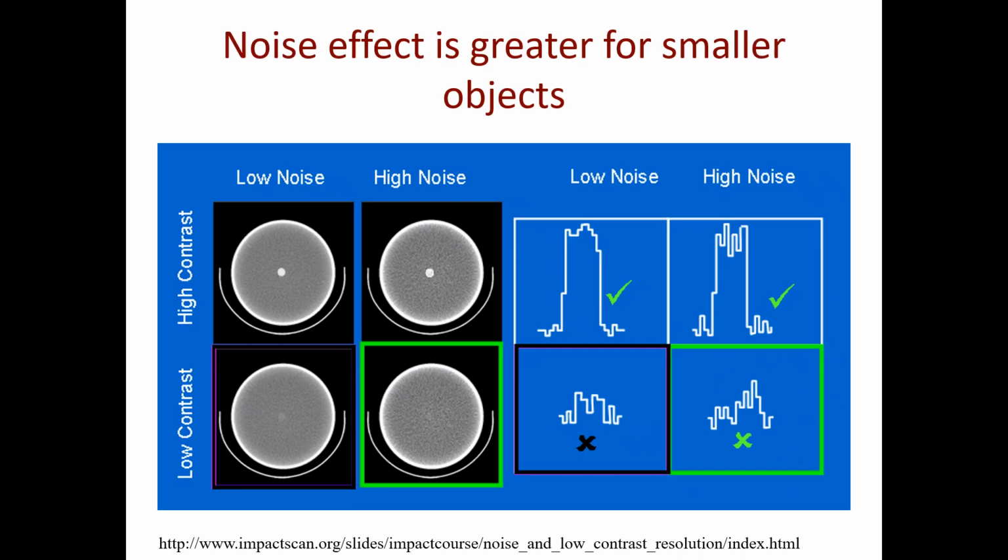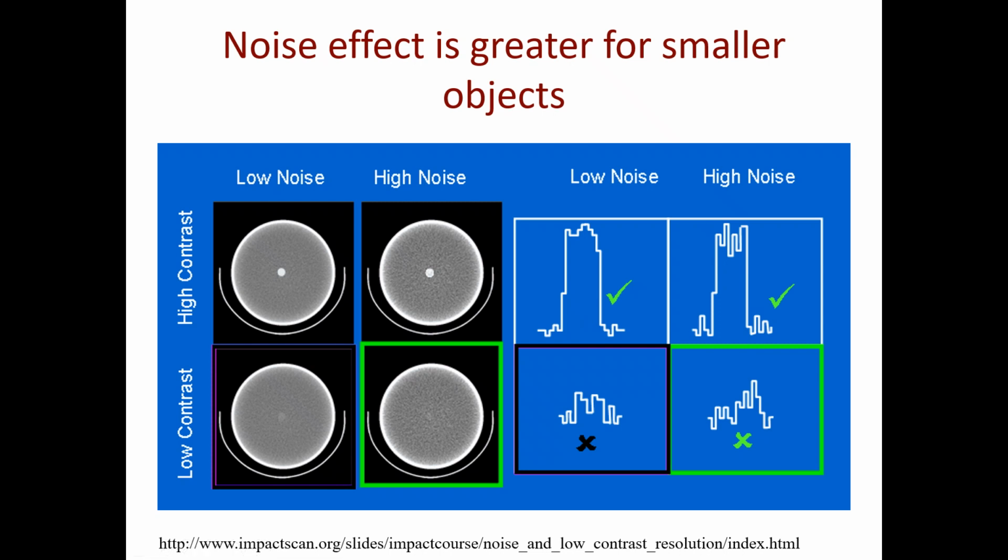Now, the smaller the object, unfortunately, the worse it is. If I have the same situation, just a smaller object, I'm going to lose it to the noise. Here I show the values, but there's a little bit of a spread function here.